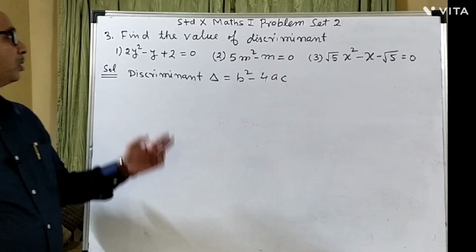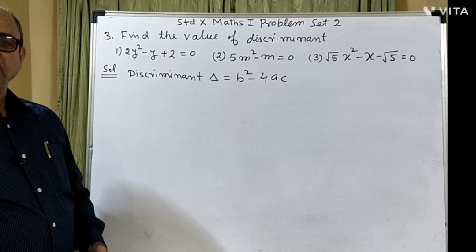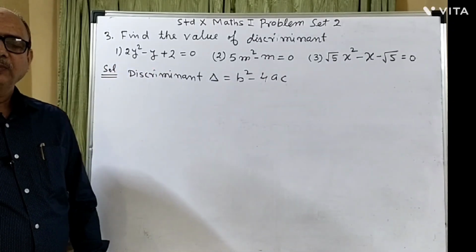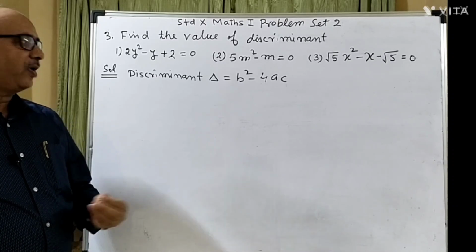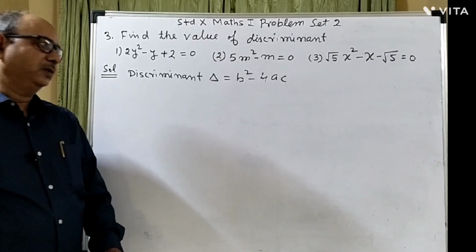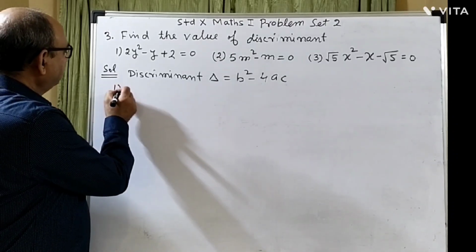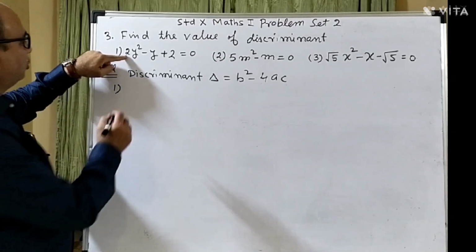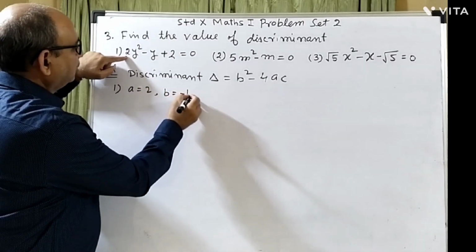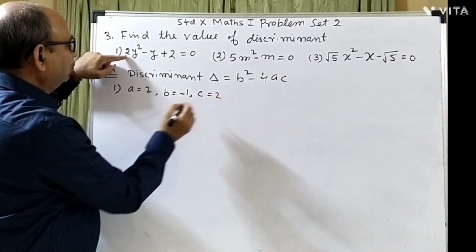Question number 3, find the value of discriminant of the following quadratic equations. We know that the formula for discriminant is equal to b square minus 4ac. First one, the value of a is 2, b is equal to minus 1 and c is equal to 2.